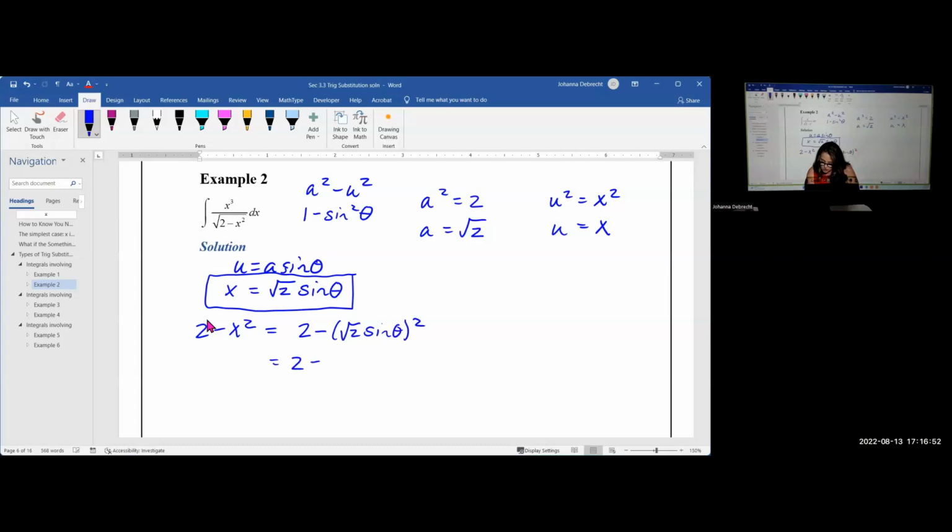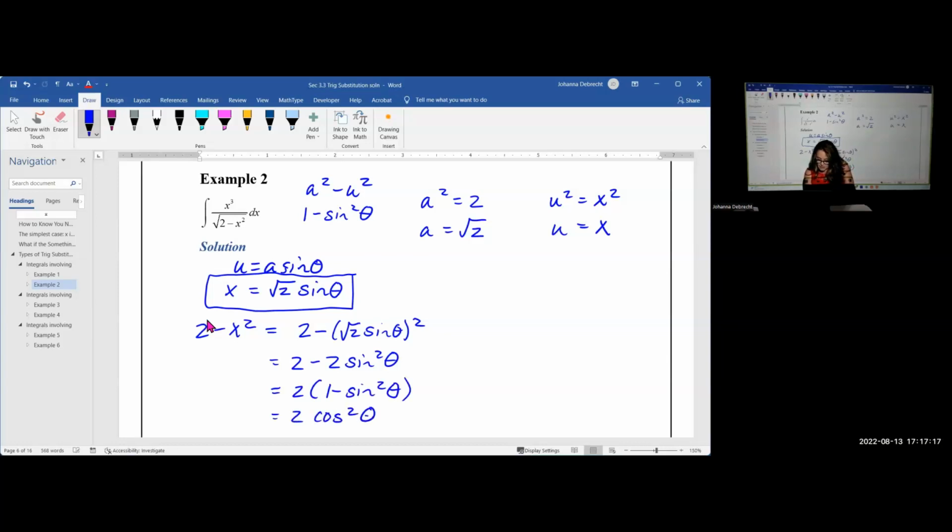So this gives me 2 minus 2 sine squared of theta. Notice that the 2's become common factors. This is always going to happen. We're forcing a square peg in a round hole. We're building this pattern. This pattern will always occur. We take out the common factor of 2. That leaves us 1 minus sine squared of theta, which becomes cosine squared of theta.